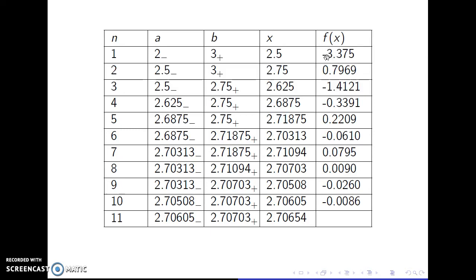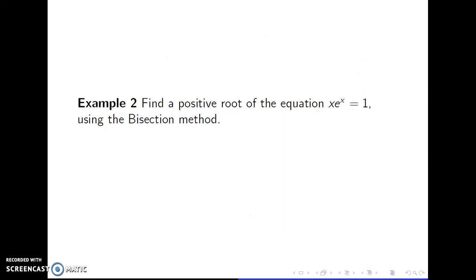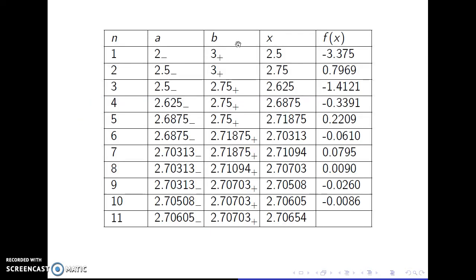This minus sign we assign to 2.5 with suffix minus, and 3 plus as it is, so the next interval becomes 2.5 (minus) and 3 (plus). So x2, that is second approximation, becomes (2.5 + 3)/2, that is 2.75.